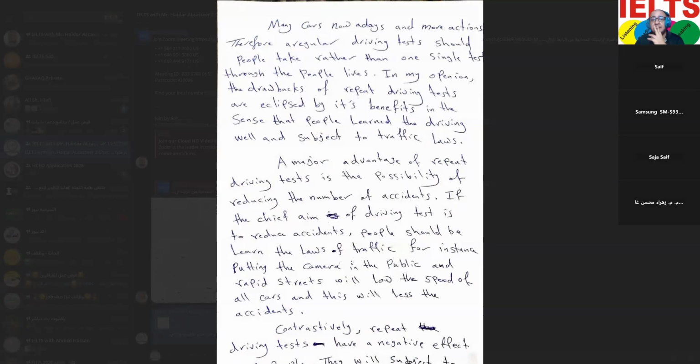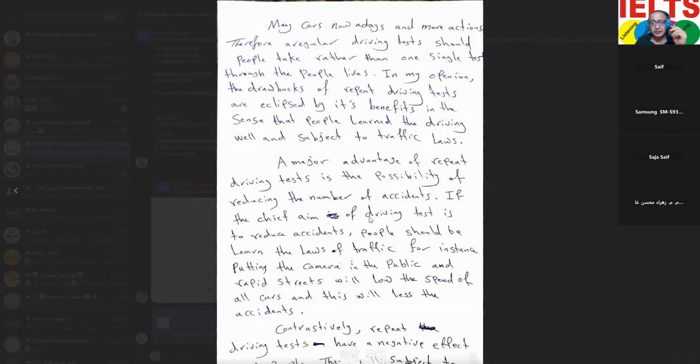Okay. That people learned, we cannot use past. The driving well and subject to traffic laws. A major advantage of repeated driving tests is the possibility of reducing the number of accidents.